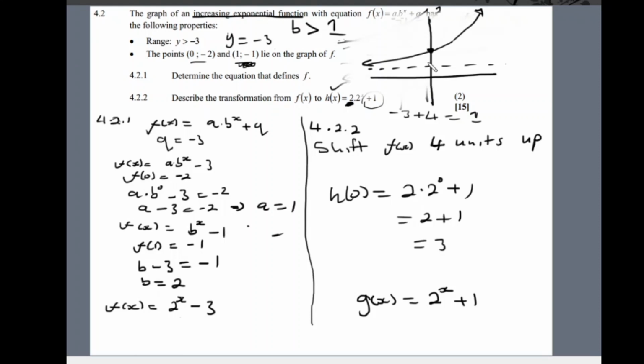How do I know that you shift 1 unit to the left? If I have another point here, let's say this point is 1, and then when you substitute 1 there, you'll get 3. So this point is 1, 3. When you shift this point 1 unit to the left, it will come here, right? It will go there, right? And then this one is 0, 2.